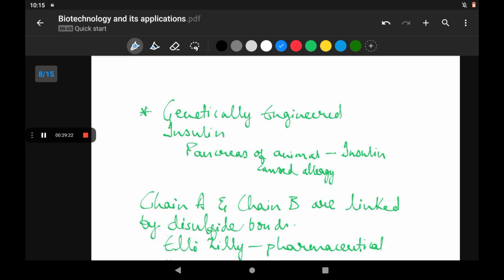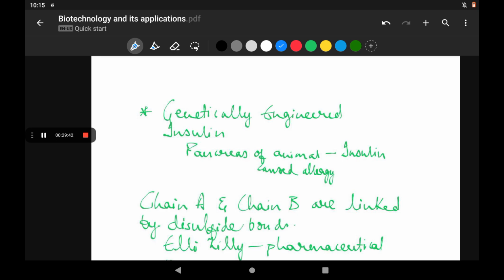So the next part, after recombinant therapeutics, is that genetically engineered insulin can be obtained using this biotechnology knowledge. In the earlier days, they were using the pancreas of animals to obtain insulin, and it caused allergy.